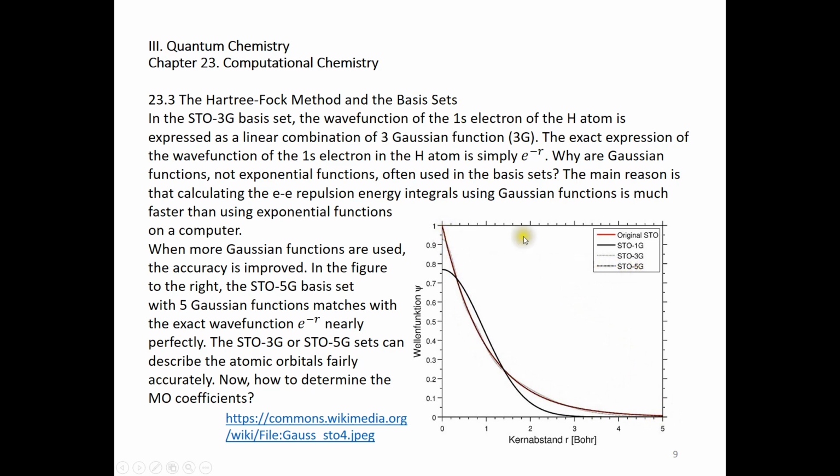It's very difficult to see STO-5G because it almost matches the original e to the power of -r exactly. What if we use more Gaussian functions? Well, again, we'll get better and better accuracy using more and more Gaussian functions to match the exact exponential solution. But the downside is we will have to use more computational resources to conduct such a calculation.